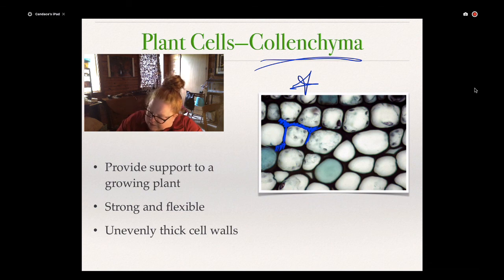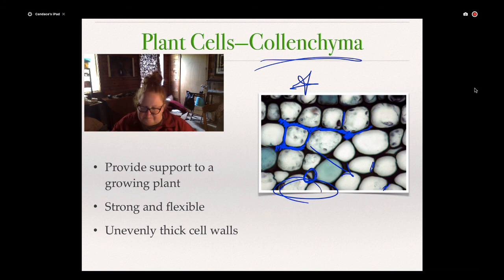As we extend in this direction, we start to see a difference. These start to thin out, and we start to see some gaps. So this is showing both. We've got just a little bit of the edge of parenchyma down here, but true collenchyma cells are going to be like this, with the thicker cell wall.